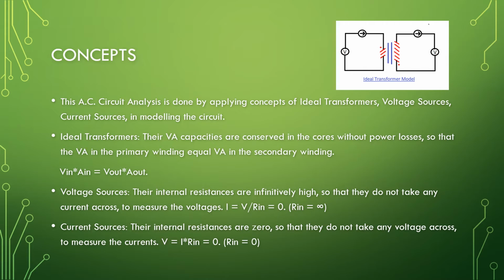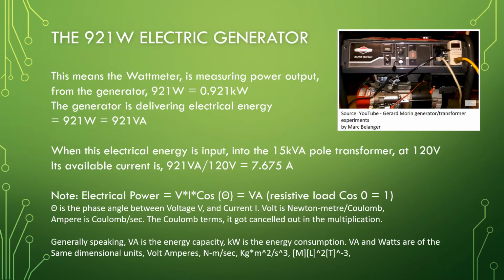Current sources: their internal resistance is 0, so that they do not take any voltage across to measure the current. V equals I times Rin equals 0, Rin equals 0.